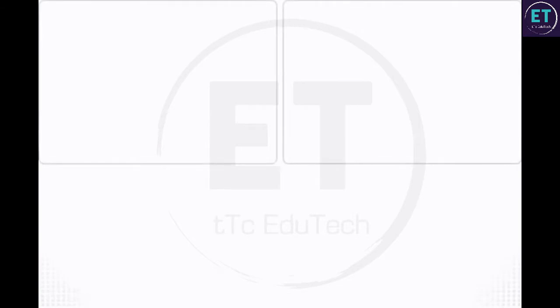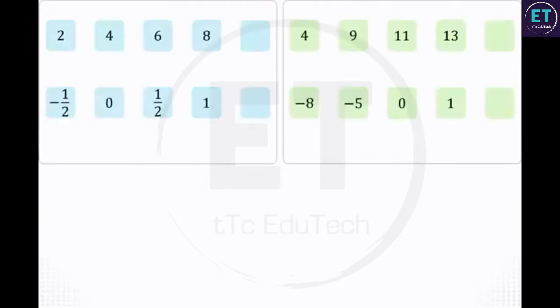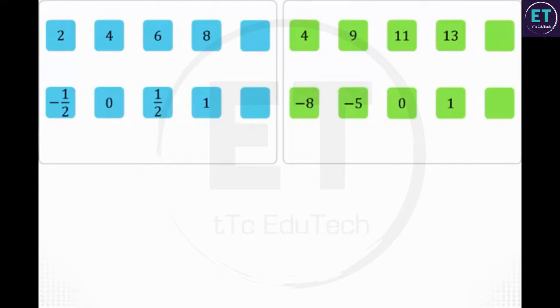To understand progression, take a look at some sequences. For example, consider the sequence 2, 4, 6, 8, and so on. You need to predict the fifth term in this sequence. If you analyze the sequence, you will find a constant between every two successive terms.